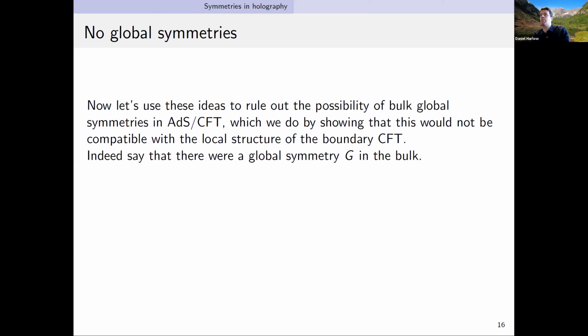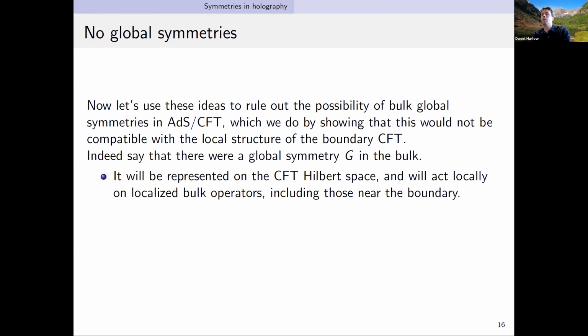So indeed, let's imagine that there were a global symmetry, symmetry group G in the bulk. So using the various definitions that we talked about, there will be some unitary representation of this symmetry group on the Hilbert space.